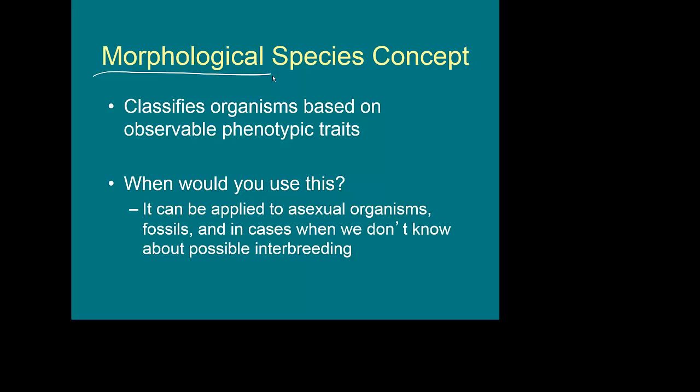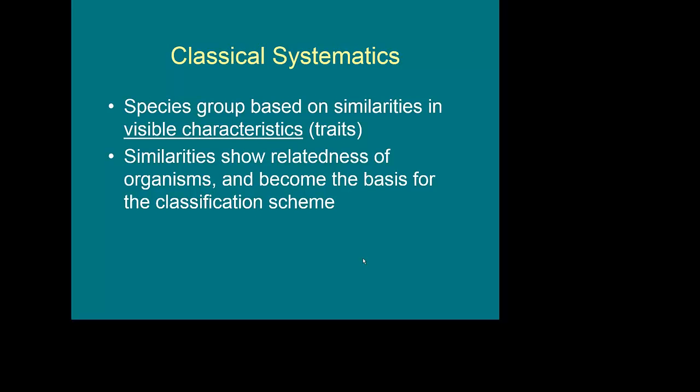And typically we look at morphological species concepts when we talk about fossils, because we don't have living organisms to look at and study and look at their genetics. It can also be applied to asexual organisms, so organisms that are clone lines. This works really well. And other times when we just don't know whether or not these species are interbreeding, we can start to look at morphology.